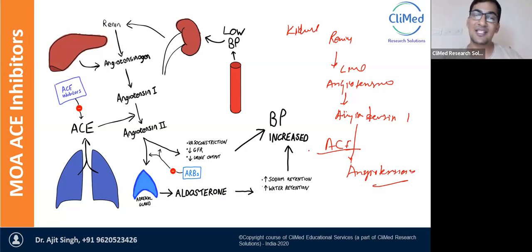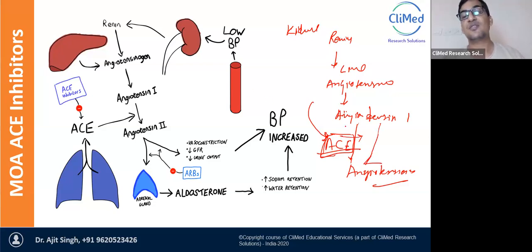So what exactly do angiotensin converting enzyme inhibitors, the ACE inhibitors, do? ACE inhibitors will act on ACE, the enzyme. The drug molecules will come and stick to the ACE and occupy its entire surface, so that ACE cannot convert angiotensin 1 to angiotensin 2.